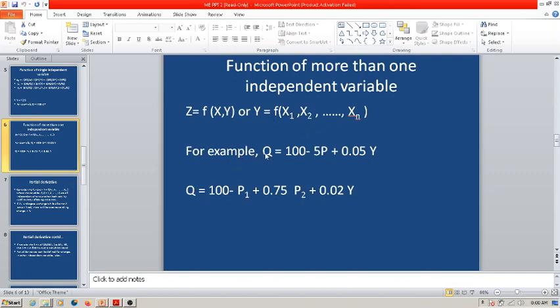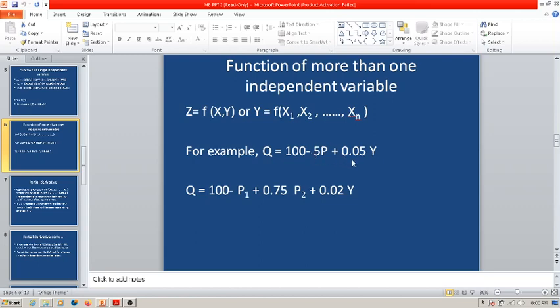See the example. Q is equal to 100 minus 5p plus 0.05y. Here, two independent variables are there. Q, or the quantity demanded, is influenced by the price of the commodity and also by the income of the consumer.